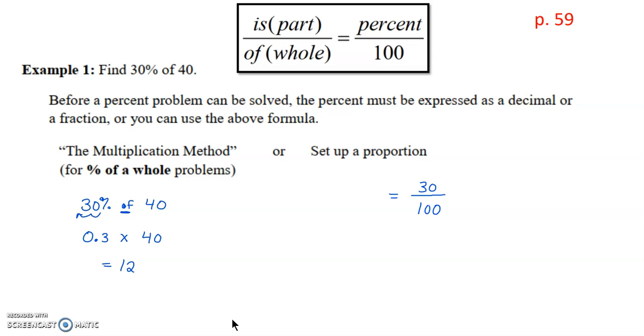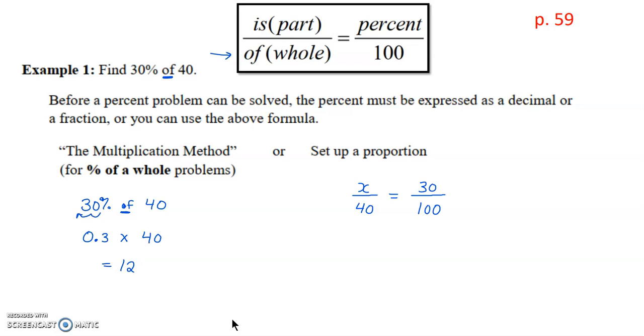Here we know we want 30% of 40. If we look at that of, that is in the denominator position. So we are going to put the 40, because we want to know the part of 40 that is 30%. So the 40 goes down below, that's our whole, and we want to solve for the part.